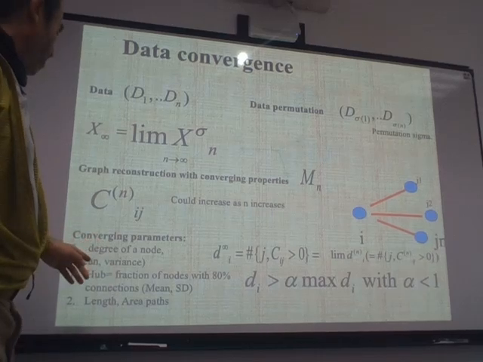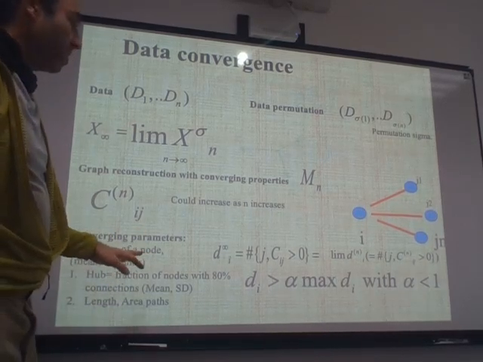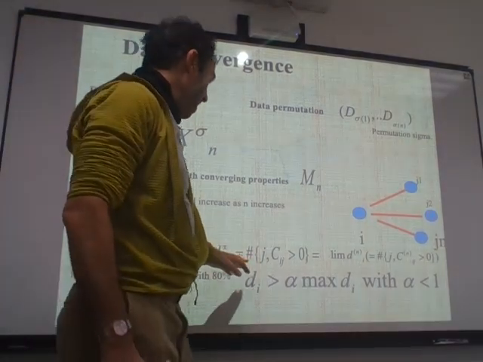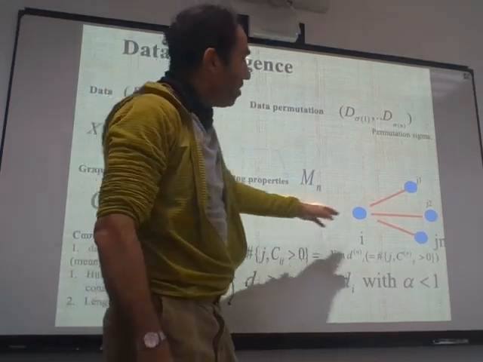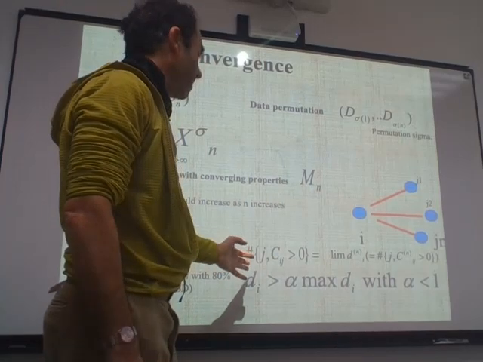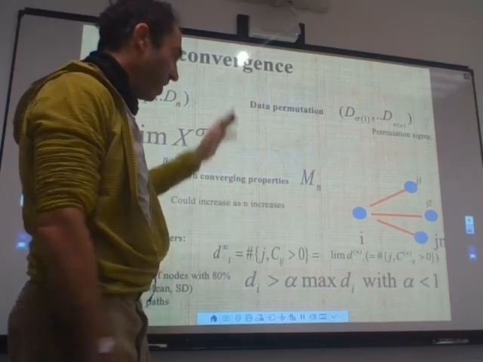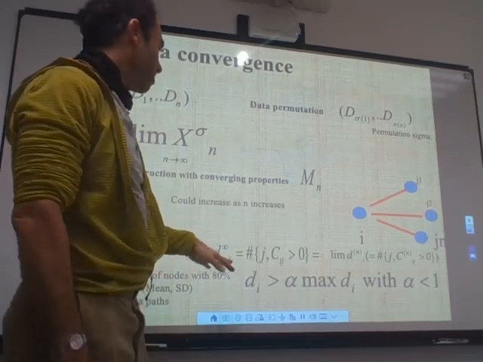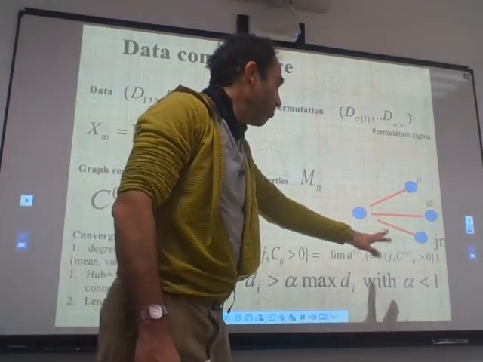So for the convergence parameter, you have the degree of a node, with the mean and the variance, and the limit as n tends to infinity. If you have, let's say, 3 here, this will be your degree at infinity when n is large, which means that in some sense it has converged.